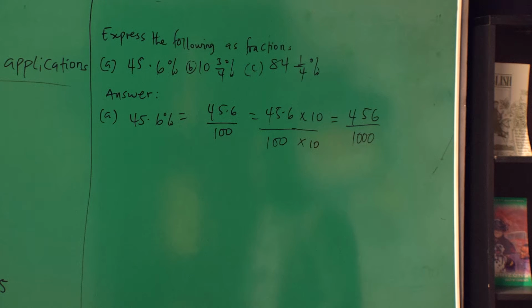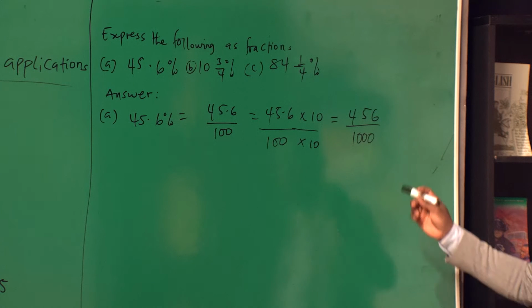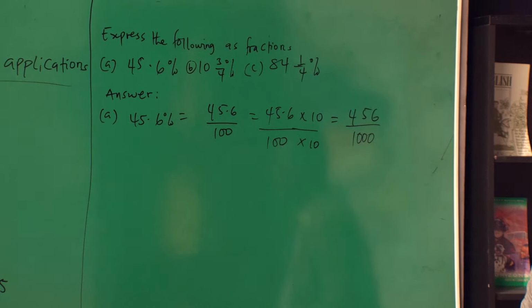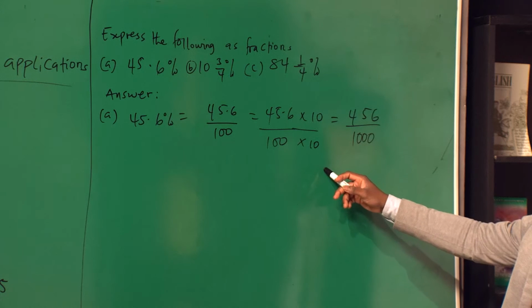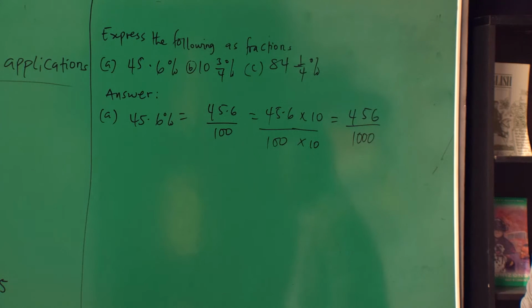Can 3 go into 1,000? If you know you can't do it, just go for the smallest common factor. Look at it. 2. Are you okay? 2 can go into the numerator and can go into the denominator.